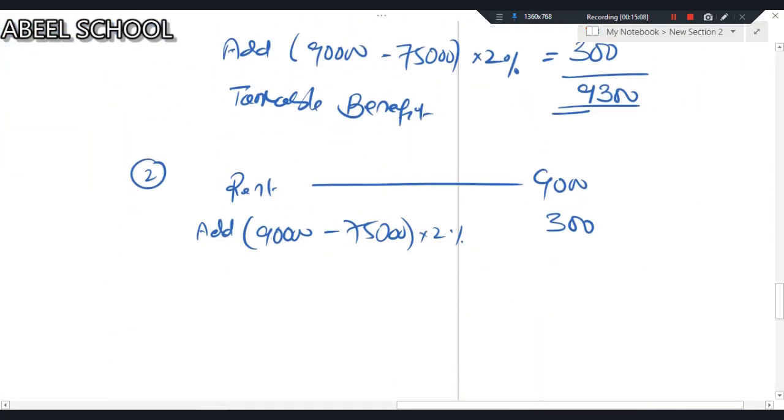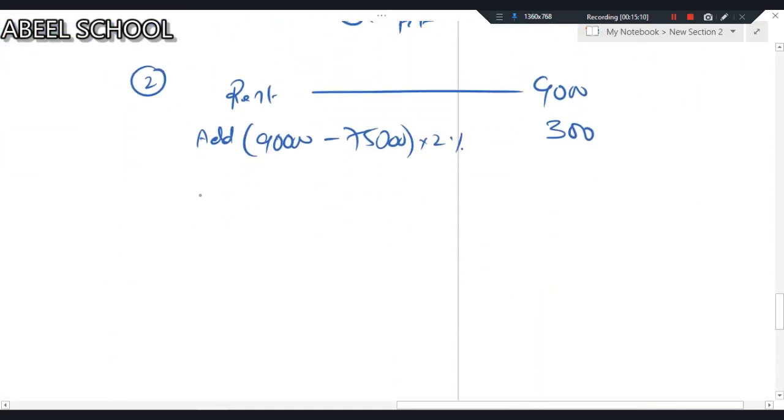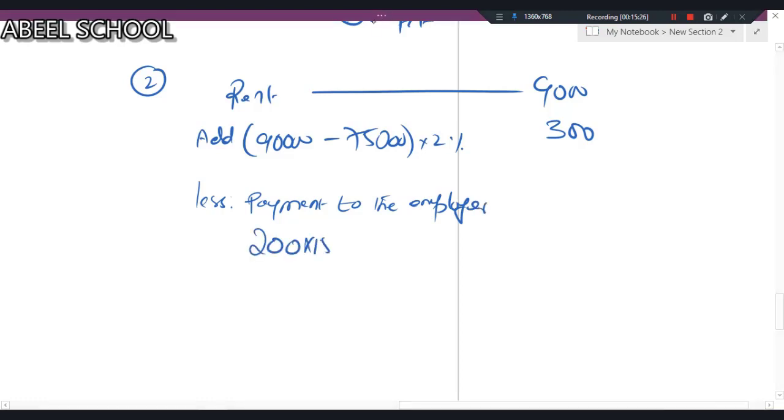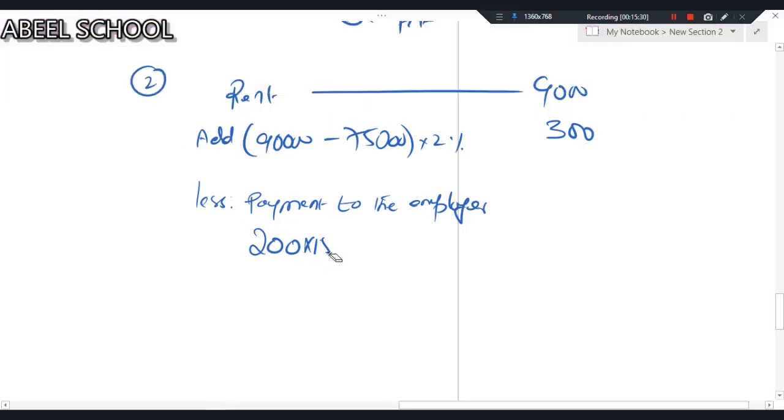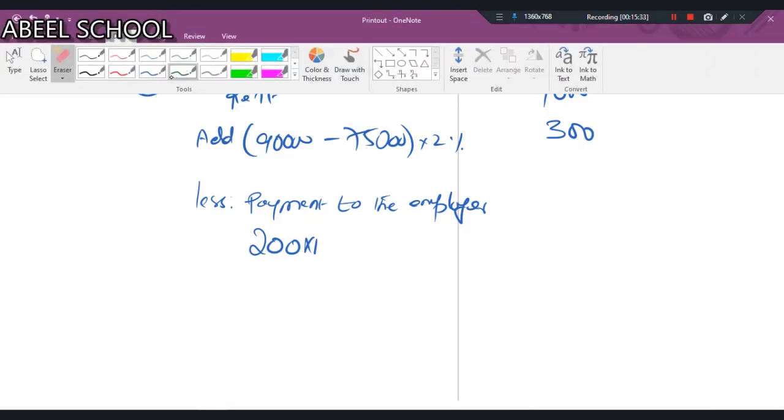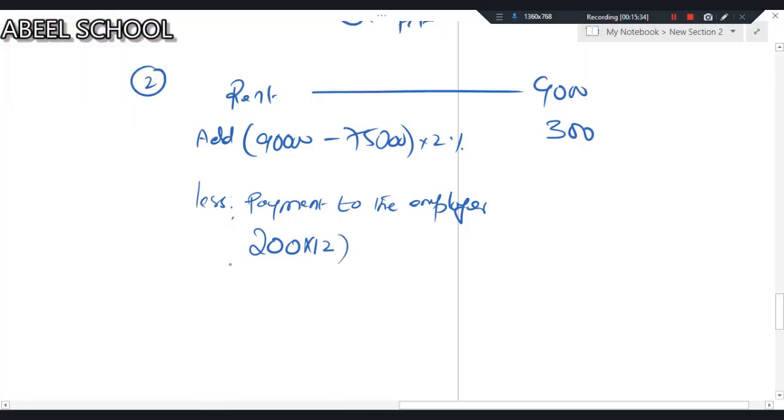He is paying £200 per month. Less: payment to the employer. So 200 into 12, 2,400.